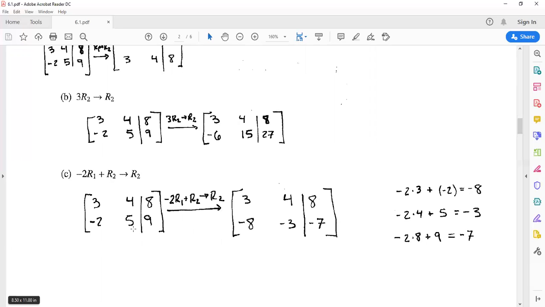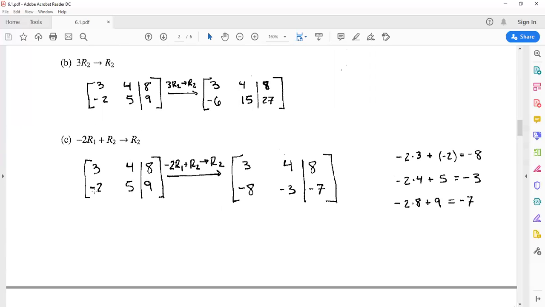We have our first matrix that we started with. Its first row is 3, 4, and 8, and the second row is -2, 5, and 9. So we're going to keep row 1 the same. But in each corresponding entry of row 2, we're going to add -2 times the number above that.